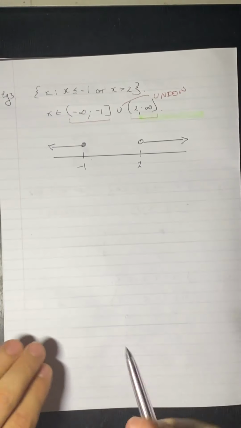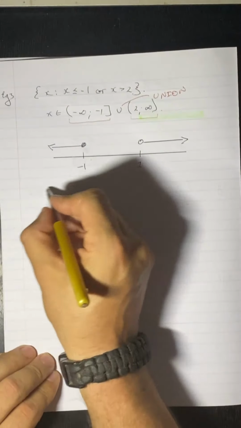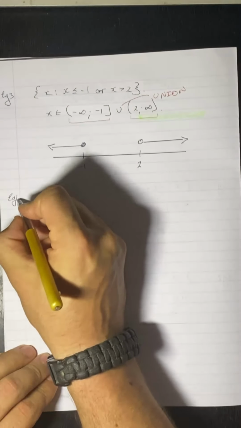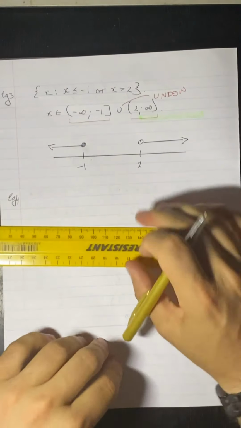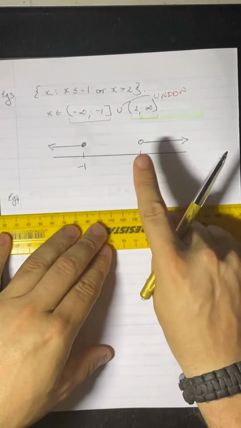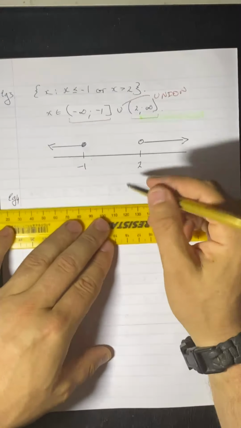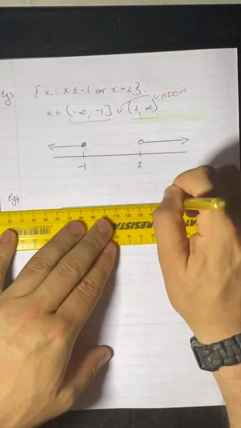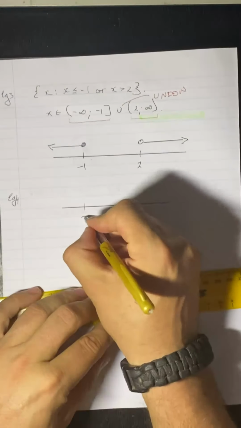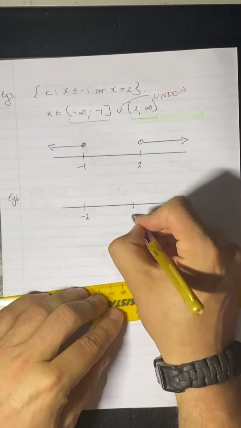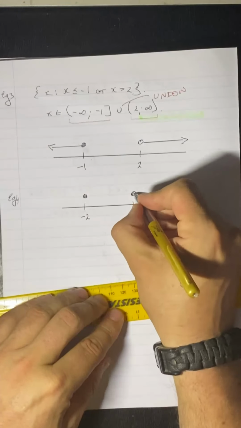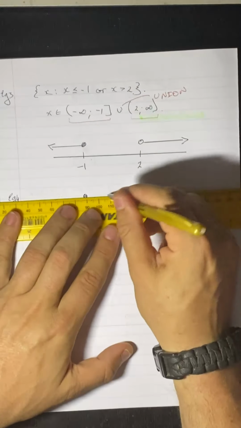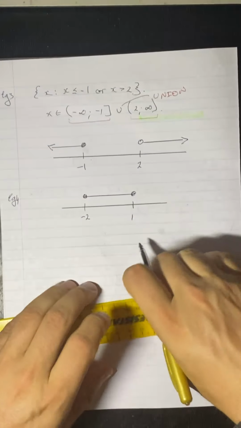So if we have a look at example 4 now, they are asking us to write the following in interval notation, where they've actually given us the number line, and now we have to do the reverse. So that is what the question looks like.